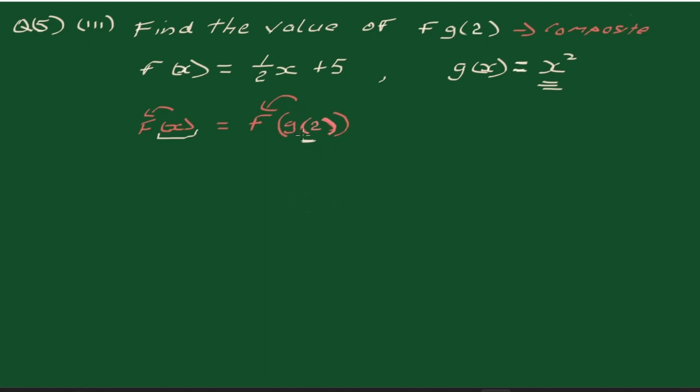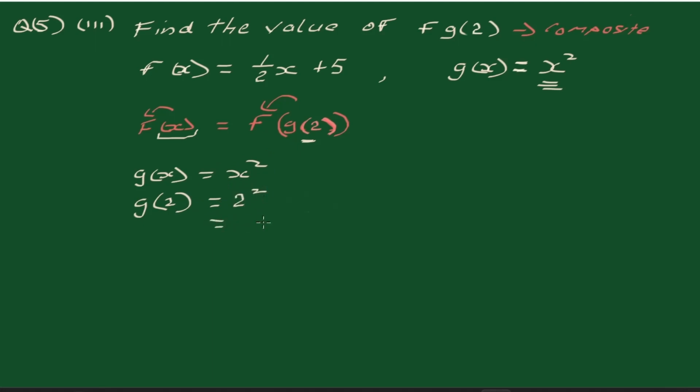However, before we can input this into the function f, we need to solve for function g when the input value to function g is 2. So first of all, we need to go to the function g. Since the function g of x equal x squared, and in this case our x value is 2, anywhere we see an x, we'll replace it with 2.